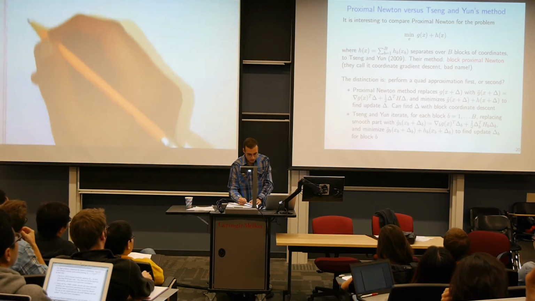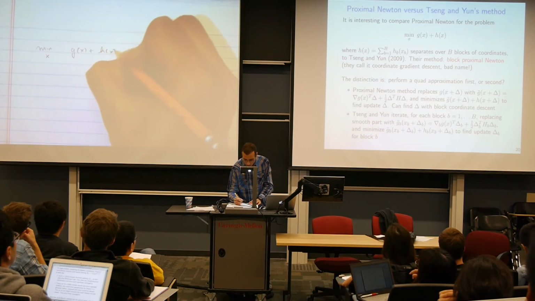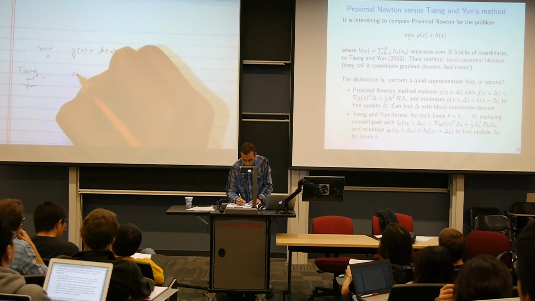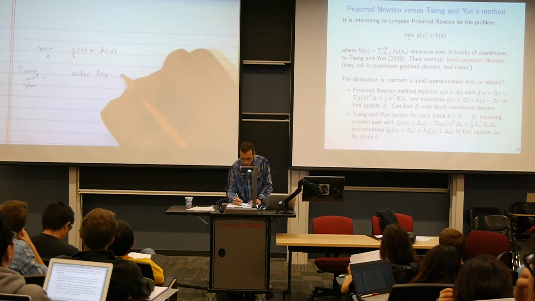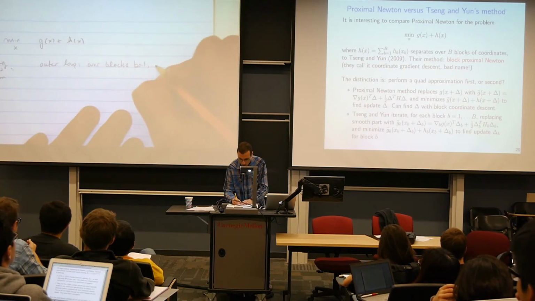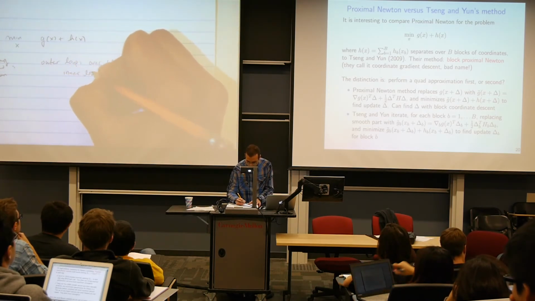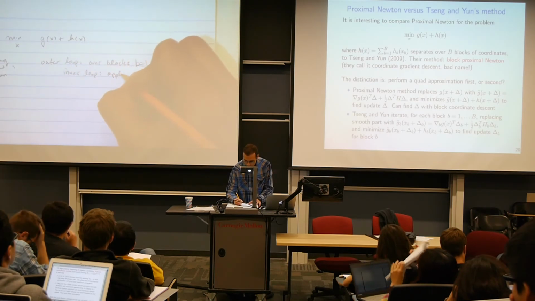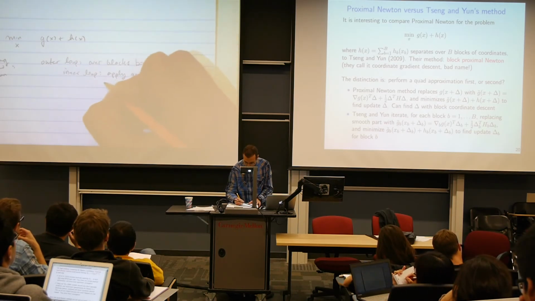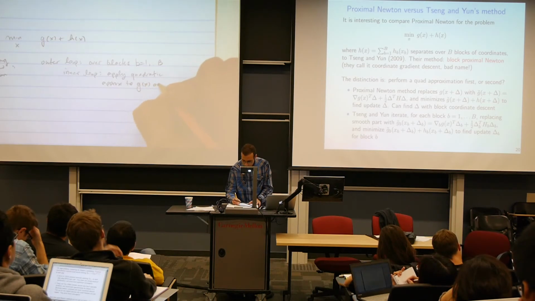In the Tseng and Yun method, you first write down this problem, and then the outer loop is over blocks b, going from 1 through B. And then in the inner loop you apply a quadratic approximation to this function g of x, but only over xb.